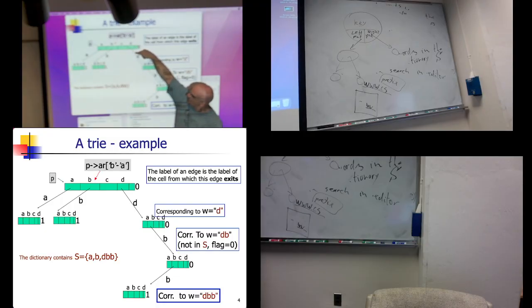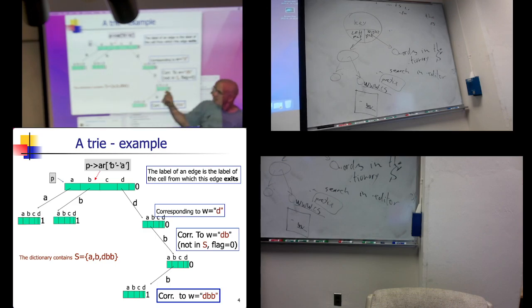Concatenate the labels that you are mentally putting on the edges. And to know the label of the edge, you know where the edge is coming from. This edge is coming from the cell of D, so you label it D. This edge is coming from the cell of B, so label it B. This node corresponds to the word DB.